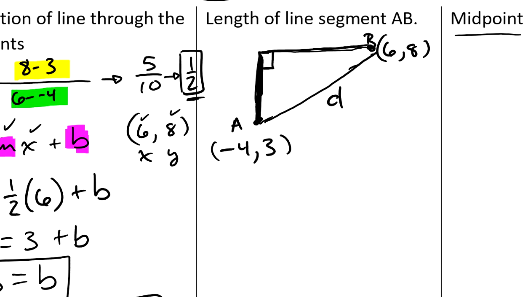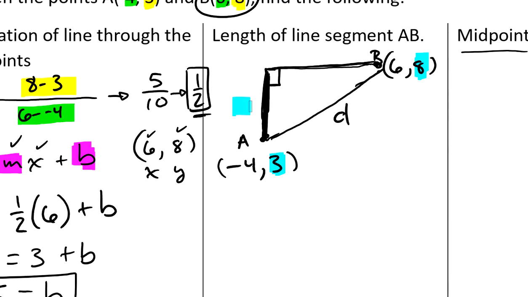We were just looking at this recently on the previous problem, right? How much does y change? Well, y goes from 3 up to 8. So when I travel from 3 to 8, that's a change of 5 units. So my change in y is 5 units, which is what I saw over here, right? And if I look at my x values, my x's go from -4 all the way to a +6. Well, if I travel from -4 to +6, that's a change in distance of 10 units.